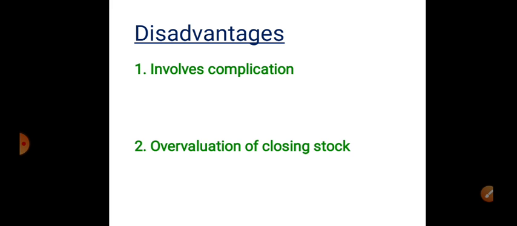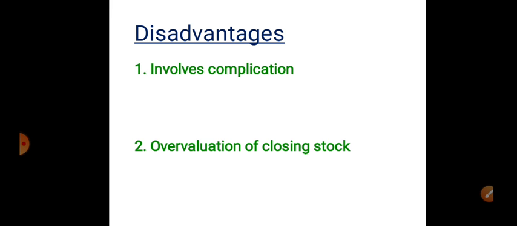Calculating the prices of these stocks is a little bit complicated, and we have to compare the cost with the inflated or invoice price. It involves more manual or system work.